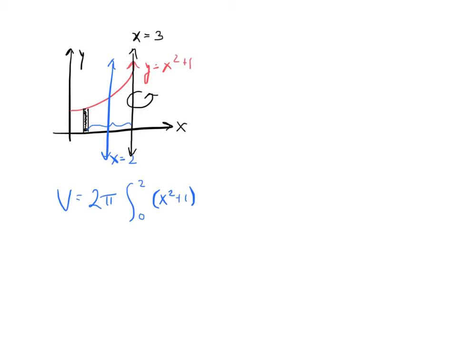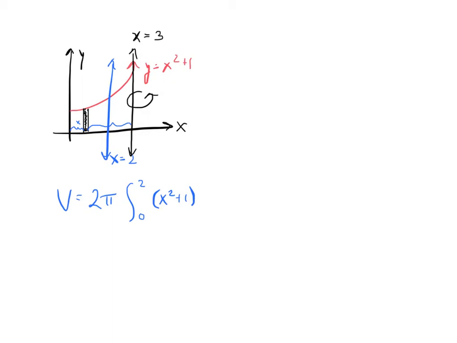Now we know that this distance is some x value, right, from the y-axis to the rectangle. And we know that the entire distance from the y-axis to the axis of revolution is 3 units. So we know that this whole thing is 3, that this little part is x, which means that the distance from the rectangle to the axis of revolution must be 3 minus x.